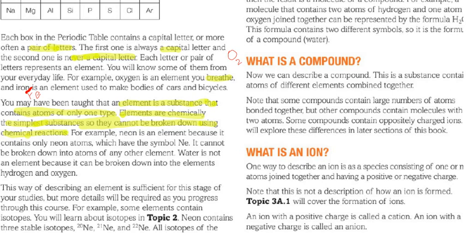For example, neon is an example. You can say this is the definition. If someone asks what an element is, you will say elements are made up of the same type of atoms which cannot be decomposed by simple chemical methods, because neon contains only neon atoms, which have the symbol Ne. It cannot be broken down into atoms of any other elements.